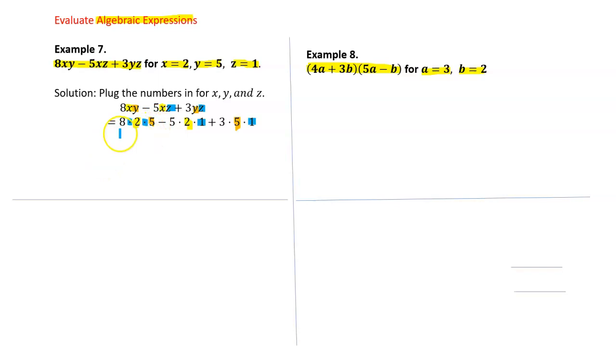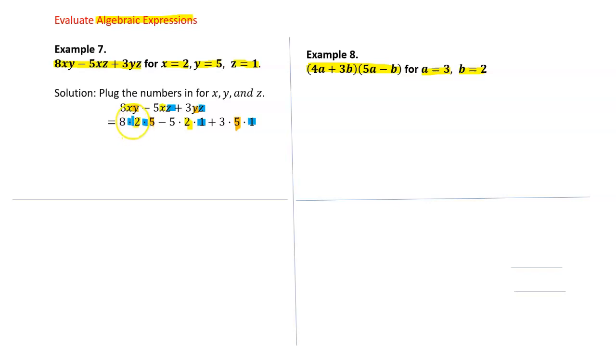Later we will talk about properties of certain operations. For example, if we have 2 multiplications here, 8 times 2 times 5, we can multiply any 2 numbers we want. There's a property called the commutative property and the associative property, which will be discussed later.